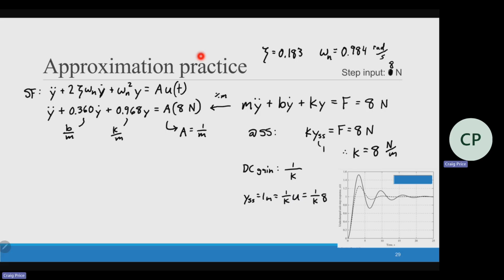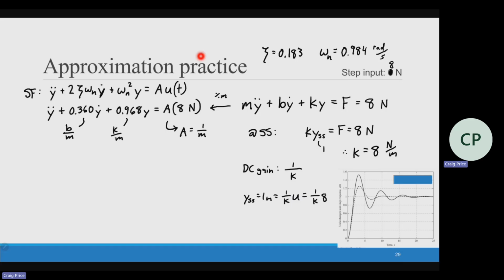And therefore, that makes k 8 as well. 1 over 8 times 8 equals 1. So a couple ways to go about it, but looking at steady state, this is how we can find our stiffness, our approximate. This could be a very complicated system. We're just creating a very quick approximation for a second order model.